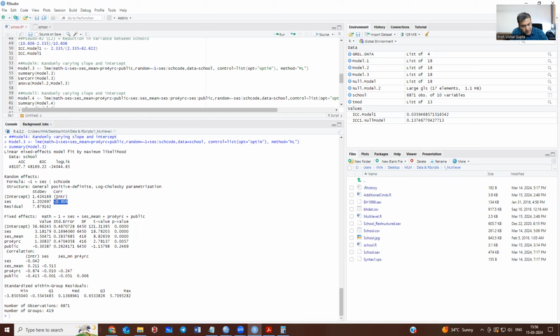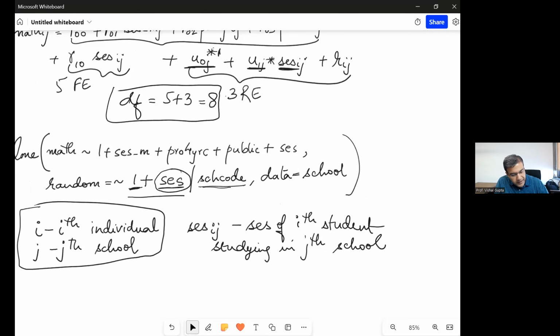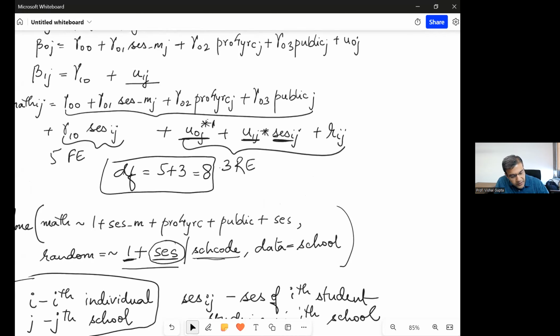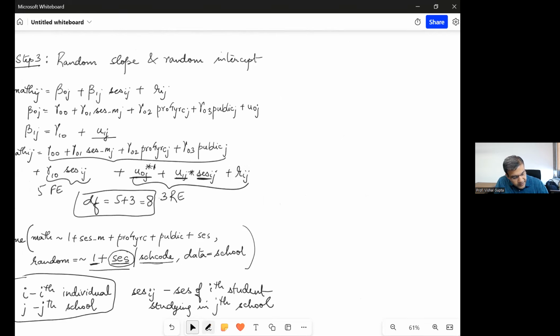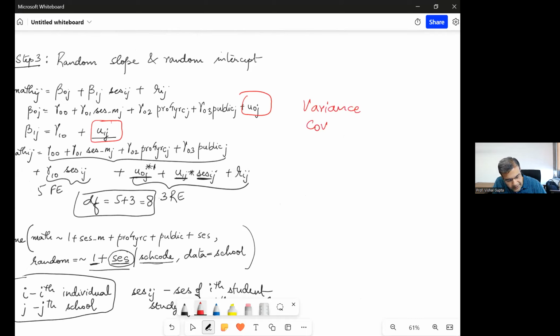So when we estimate this, when you have both u0j and u1j, it predicts what it calls a variance covariance matrix of L2 residuals.